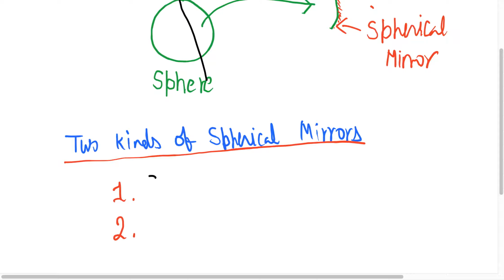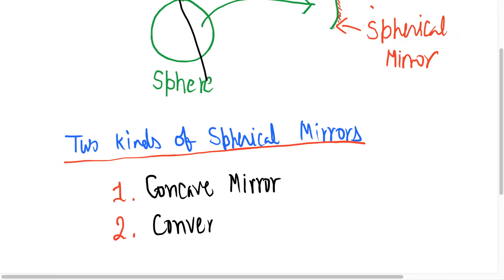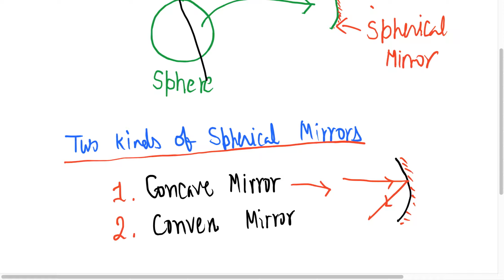You can have a concave mirror, or you can have a convex mirror. So if you polish the outer surface and the reflection happens from the inner surface, then it's a concave mirror.